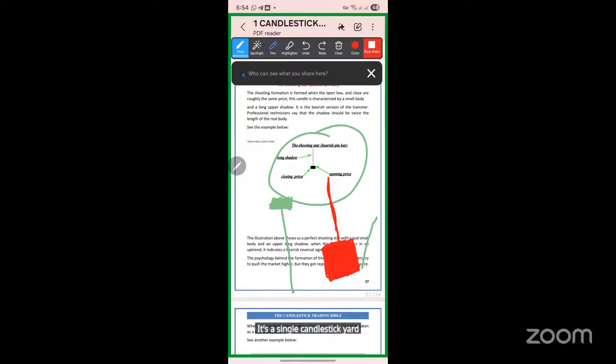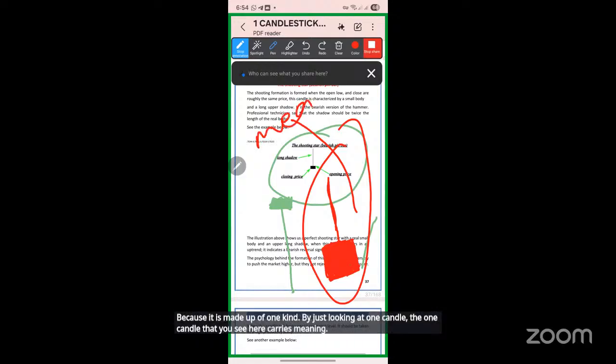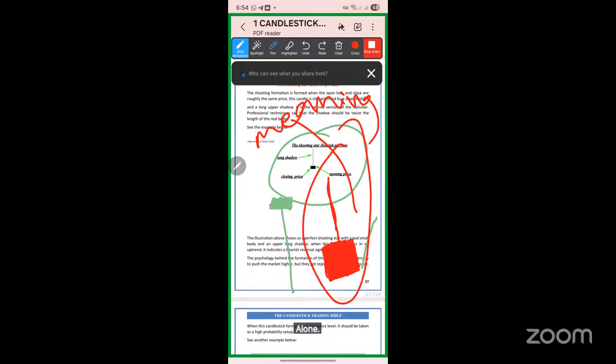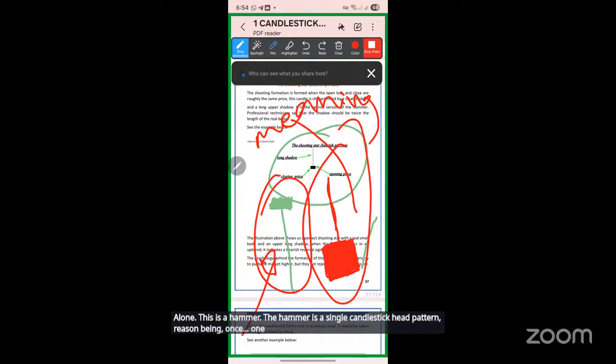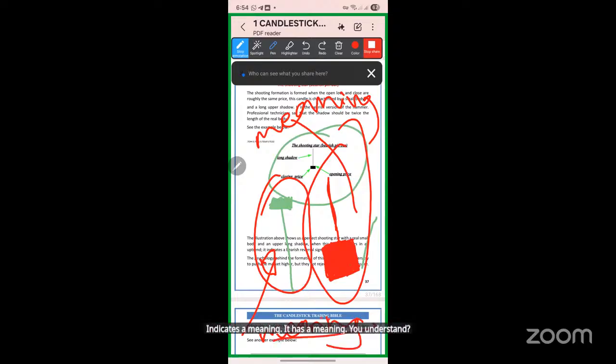The reason it is single is that it is made up of one candle. By just looking at the one candle that you see here, it carries meaning alone. The hammer is also a single candlestick chart pattern, because only one hammer like this indicates a meaning.